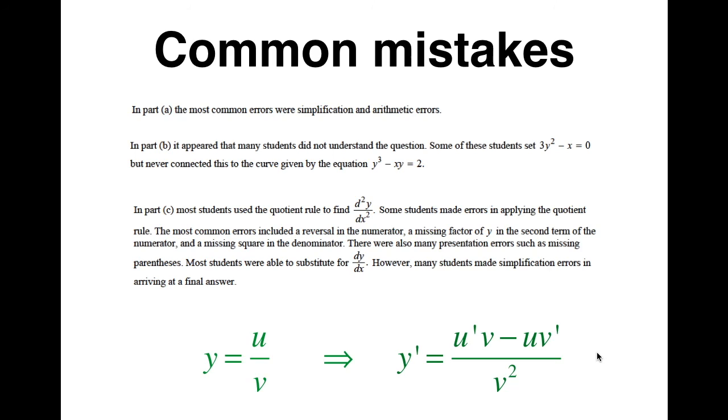Most students were able to substitute for dy dx, however many students made simplification errors in arriving at a final answer. Once you only have numbers, so once it's only arithmetic, you don't have to simplify, so maybe that can save you a small mistake which can cost 1 point.